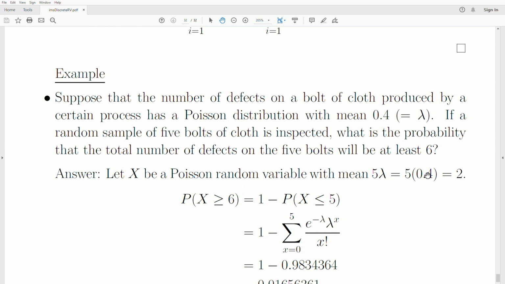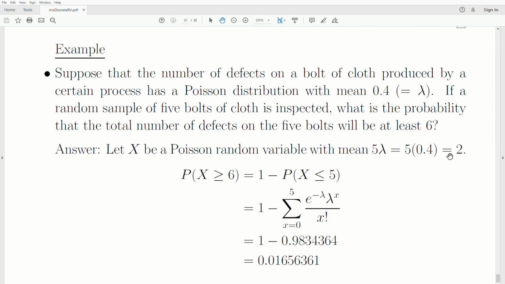So the answer is this. Let X be a Poisson random variable with mean 5 times lambda, right? Because we're now adding the 5 bolts of cloth together. Each has a 0.4 mean of defects. So it's a Poisson random variable with 5 lambda equal to 2.